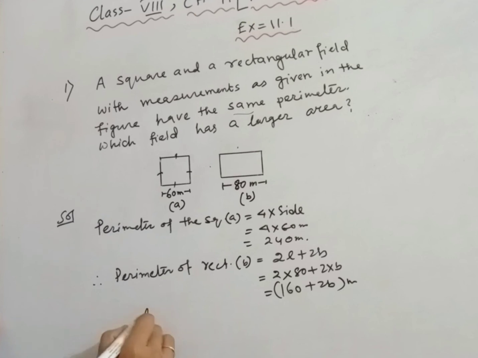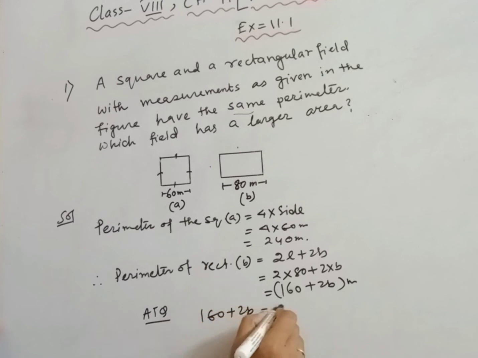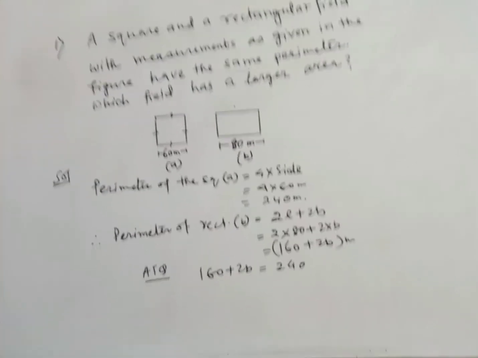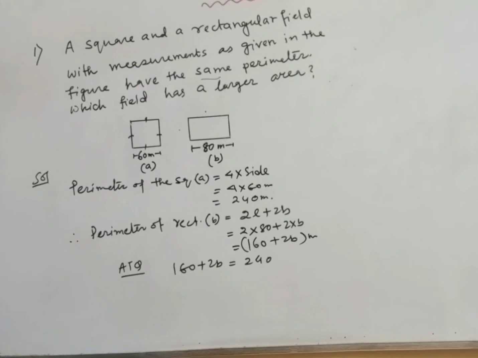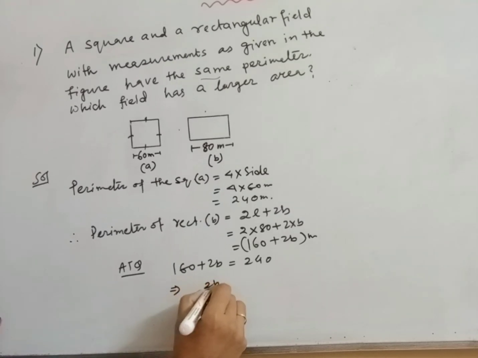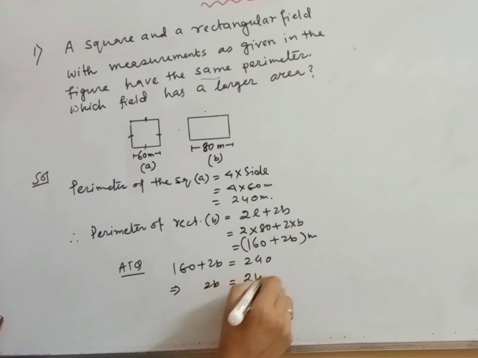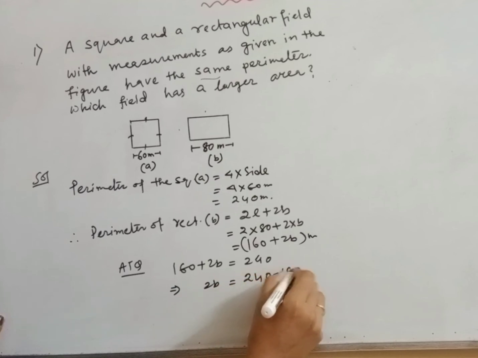According to the question, 160 plus 2B is equal to 240, because the perimeters of the two figures are the same. It is given in the question. So you will find the breadth of the rectangle now. 2B is equal to 240 minus 160.